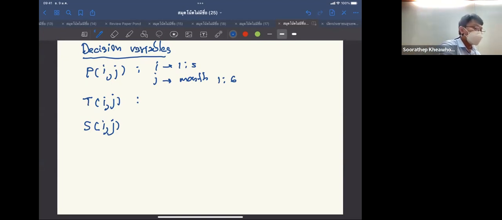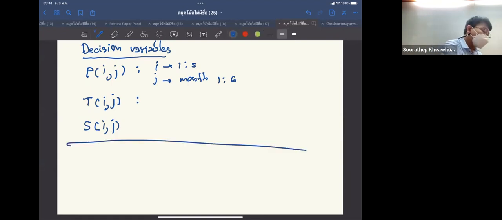Okay, so, yeah, similarly, the objective function. For the objective function, what is the objective of the company? Maximize profit.